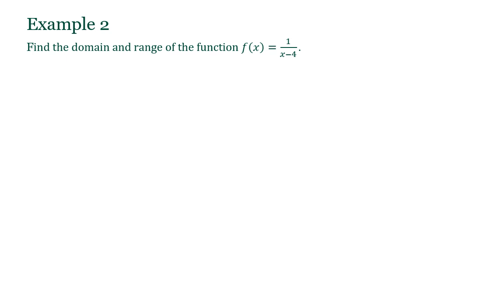In this example, we want to find the domain and range of the function f of x equal to 1 over x minus 4. If you look at this example, we are not given the domain. So we could think that the domain should be maybe something from minus infinity to infinity, but this has a restriction in general.